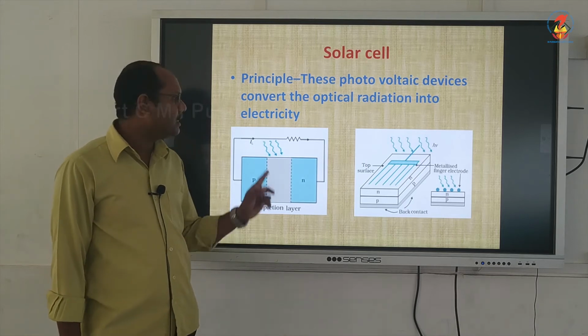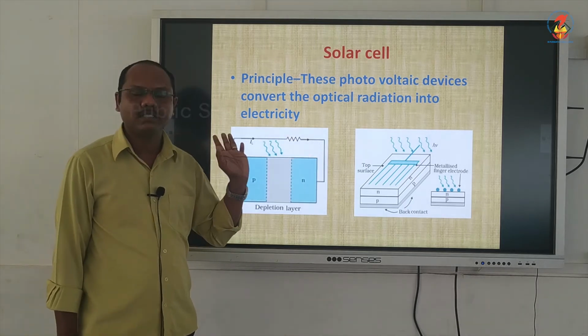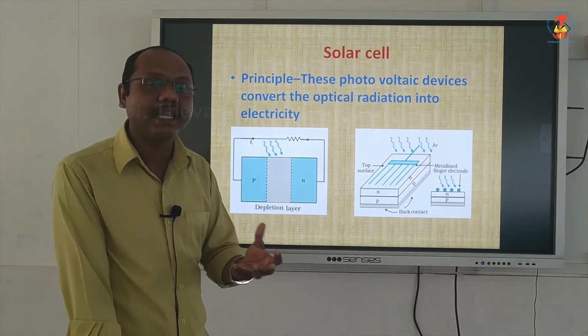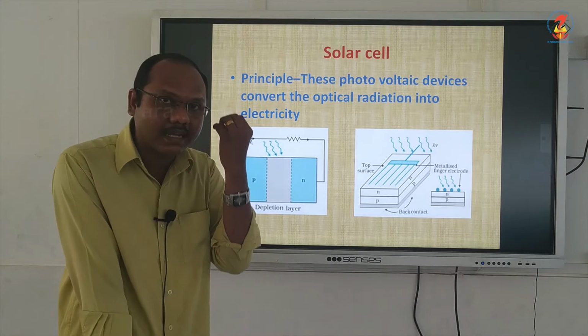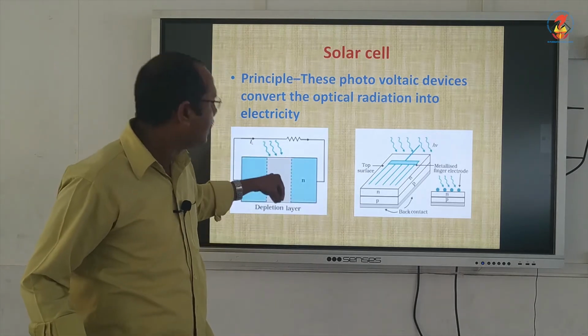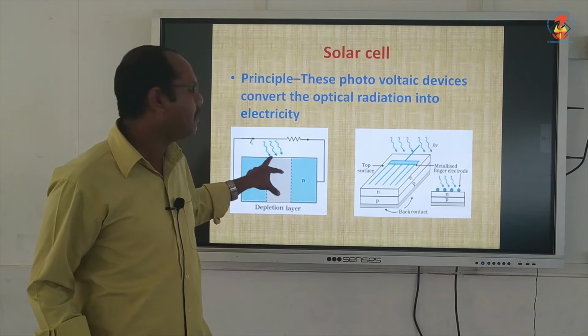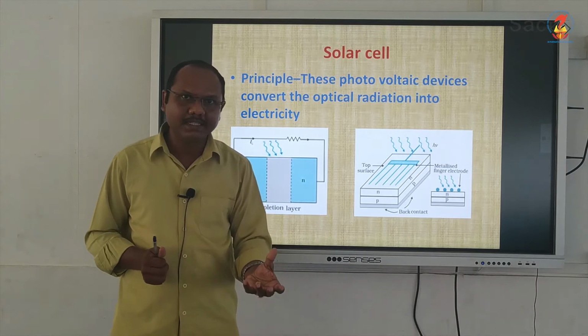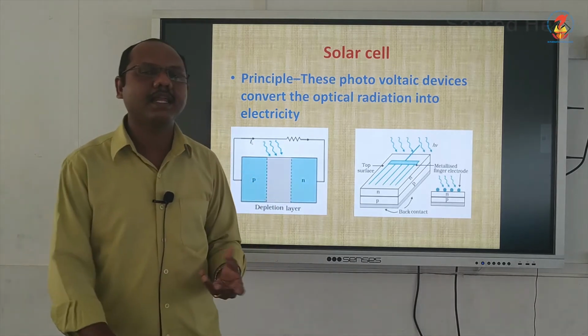You can see there is no battery connected. We don't require any extra cell or battery for the solar cell to work. It will directly take the sunlight, and because of the energy of the sunlight, electrons and holes are generated and electrical energy is formed.